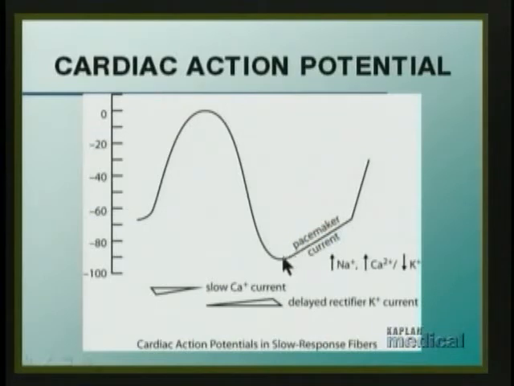If I was to increase pacemaker current activity, I would reach threshold faster. If nodal cells fire faster, so does the heart, and I would increase my heart rate. If I was to slow the pacemaker current, it would take me longer before I'd reach threshold. Therefore, firing of nodal tissue would be much slower, and my heart rate would decrease.